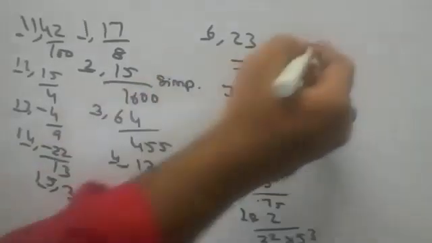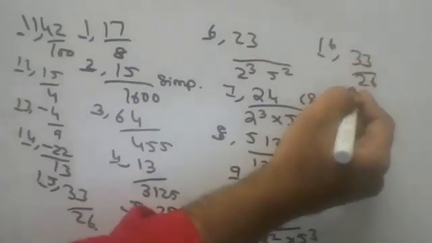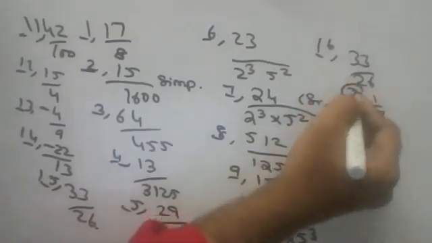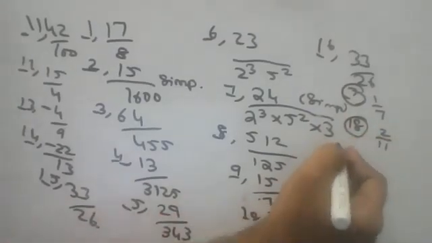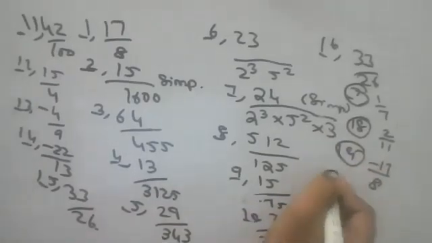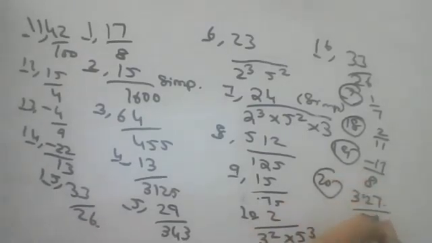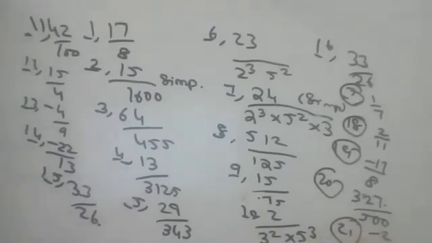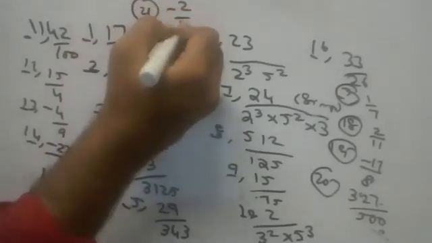We are copying all those questions. 1 by 7, 18, 2 by 11, 19, and 17 by 8, 20, 327 by 500, 21, minus 2 by 50.